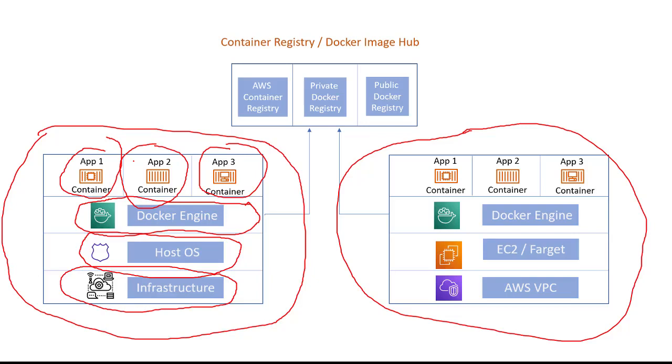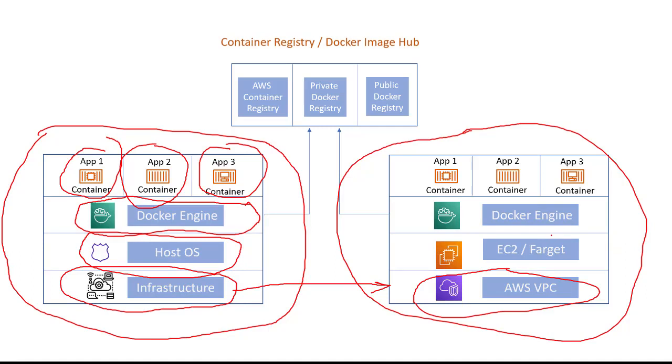If you're talking about the AWS environment, what does a Docker environment look like? First, just like you have infrastructure in your on-prem environment, in AWS we have a VPC. VPC manages all the networking part. So you can have these containers or Docker environments in a private VPC or public VPC, and decide how it's accessible.